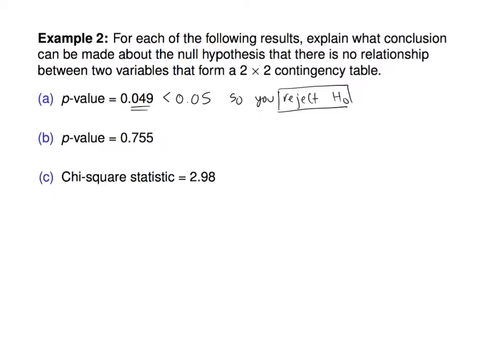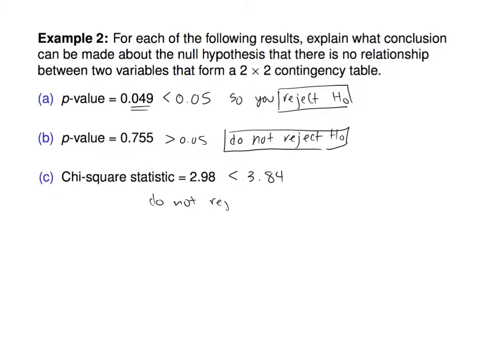What if your p-value is 0.755? That's bigger than 0.05, so do not reject H naught. And reverse over: p-values must be small, chi-squares must be big. Is this chi-square big enough? No. This is less than 3.84, so you do not reject H naught.